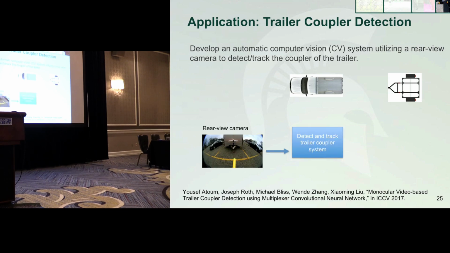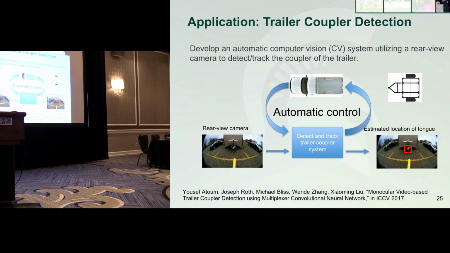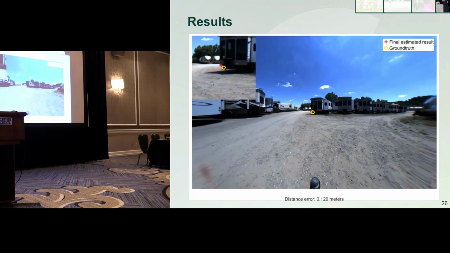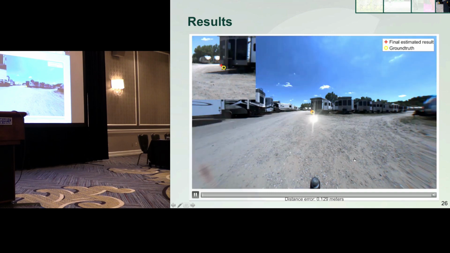To do that, there's an automatic control system for the car, but a vision system is also necessary to detect and track the trailer tongue automatically without any human assistance. That's essentially what we did together with GM. Here you see how the system works.